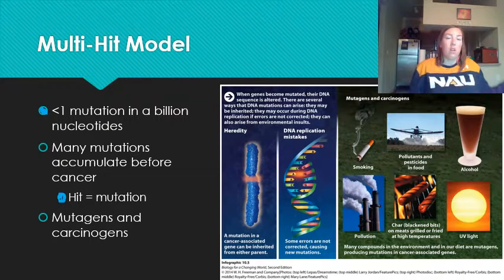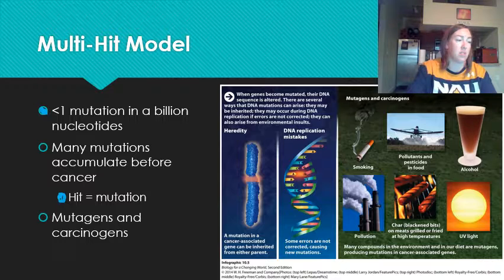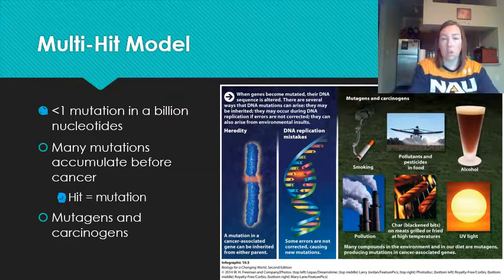So we've got mutations from normal errors during DNA replication. We all have some mutations that we've inherited from our ancestors. And then on top of that, there are environmental factors that can cause mutations, as if that wasn't enough. An environmental agent that causes a mutation, any mutation, a cancer-causing one or not, is called a mutagen. These can be totally harmless, or they can cause cancer.